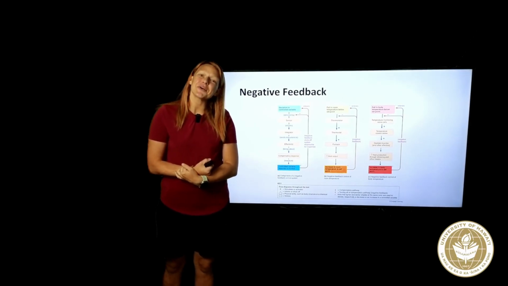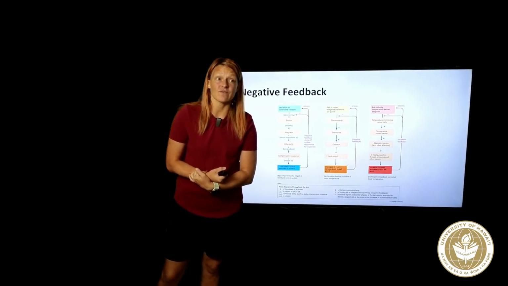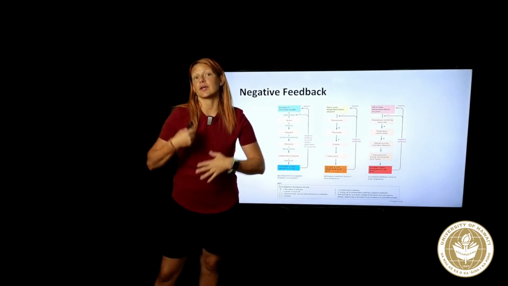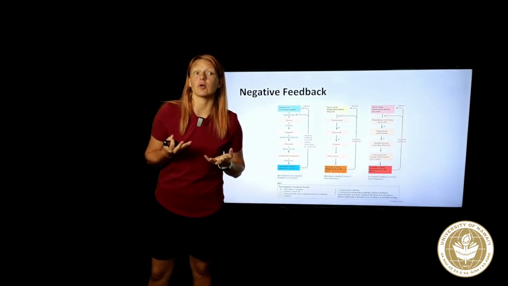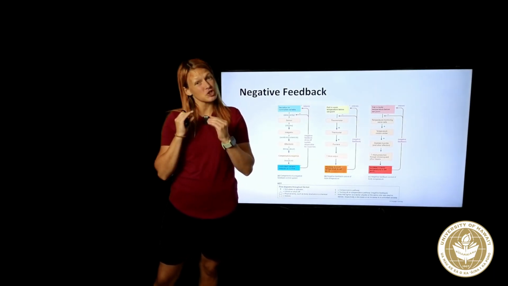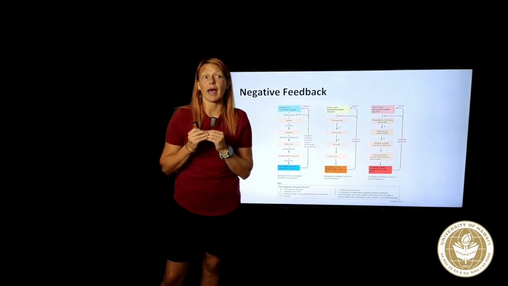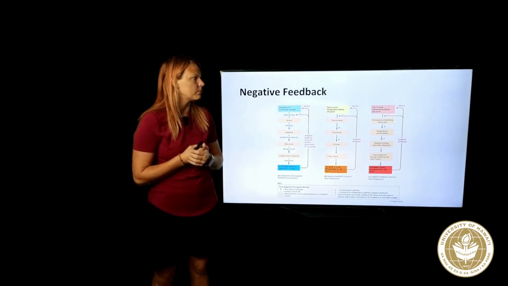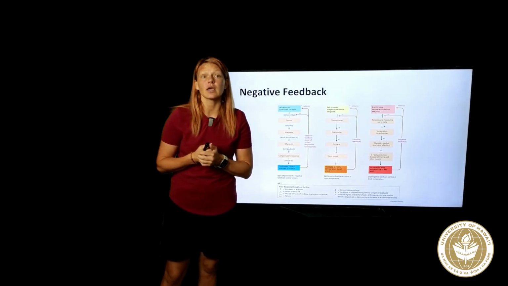Looking a little more in depth here at negative feedback, room temperature, we could think of that as a controlled variable, right? Meaning that it is a factor that can vary, but it's generally held within a normal range by a control system. In this example, the control system would be your thermostat, right?